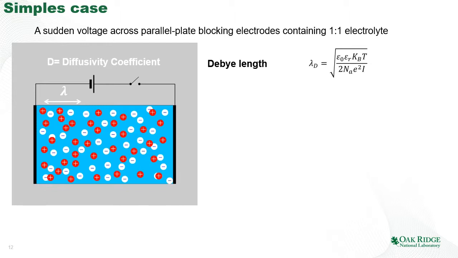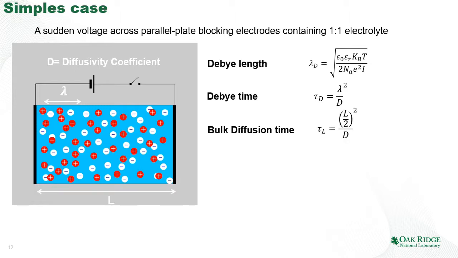The Debye length is a function of the concentration and some elementary constants: ionic strength, Avogadro constant, and so on. The Debye length defines the Debye time. This is just the square of the Debye length divided by the diffusion coefficient. We also have a second time scale, which is the bulk diffusion time.